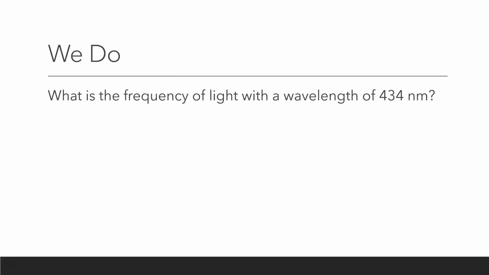Okay, so what is the frequency, which is nu, of light with a wavelength, lambda, of 434 nanometers? So we need to identify the equation that has nu and lambda in it. We see that that is c equal to lambda times nu. We want to solve for nu, so we need to move lambda to the other side. So divide by lambda.